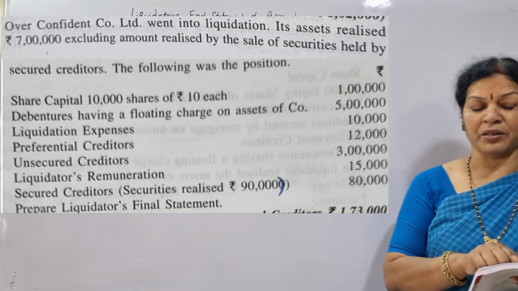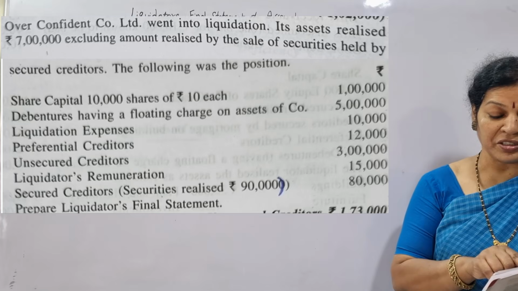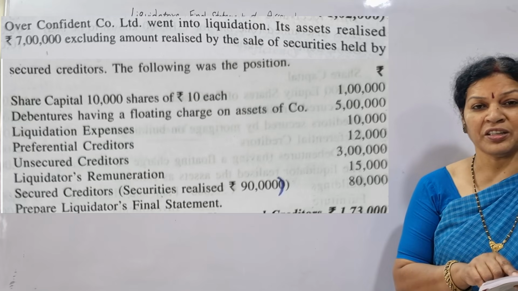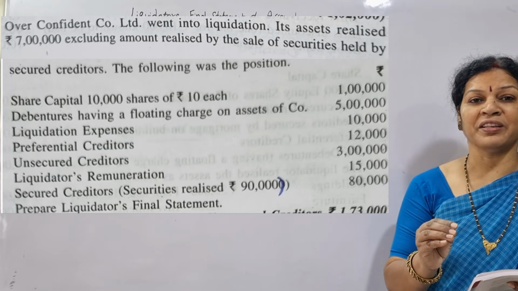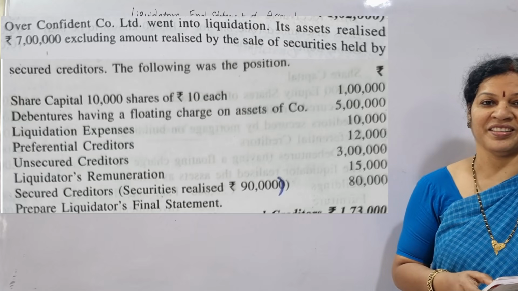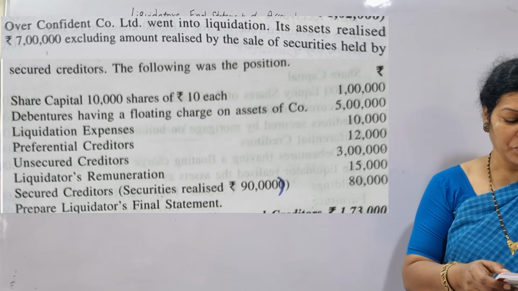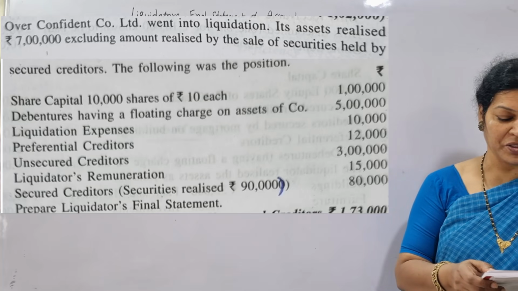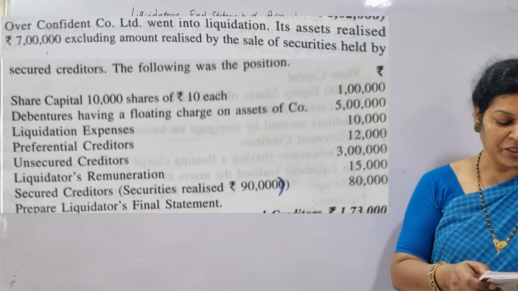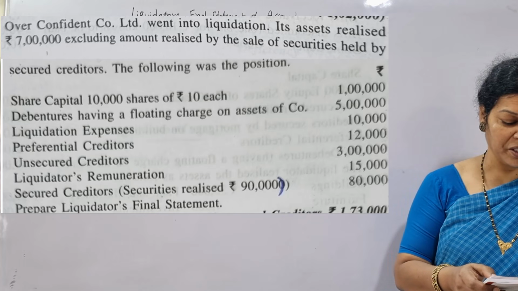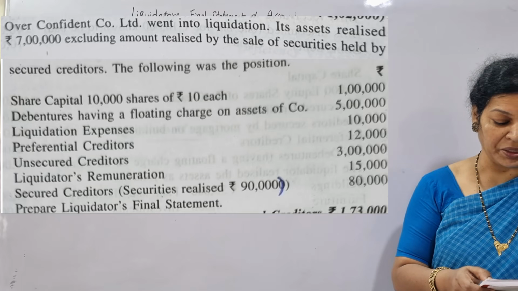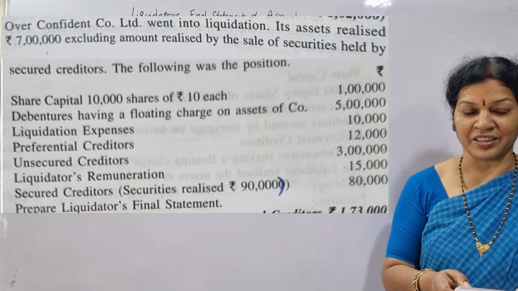One is share capital, 10,000 shares at the rate of 10 rupees each. Share capital means we have to assume it is equity shares only, equity shares 1 lakh rupees. Debentures 5 lakh. Liquidation expenses 10,000. Preferential creditors 12,000. Unsecured creditors 3 lakh. Liquidator's remuneration 15,000.